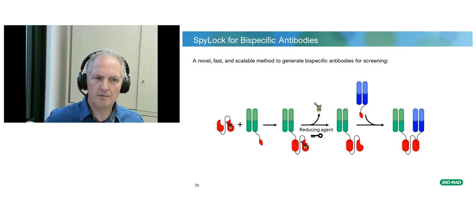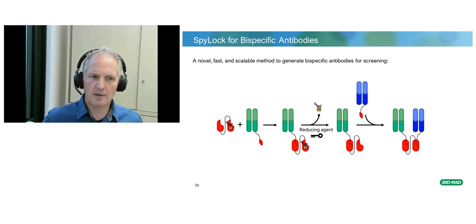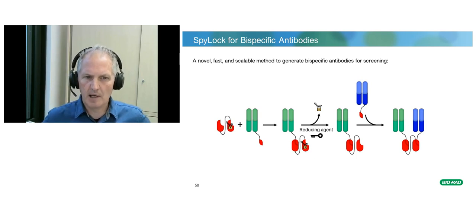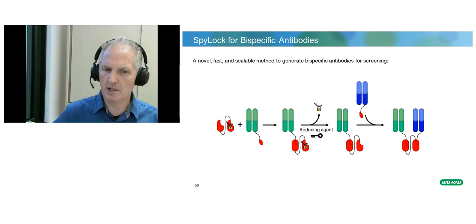We generated a fusion protein of the normal SpyCatcher and our SpyLog. If we then add a first antibody, it can react only with a standard wild-type SpyCatcher. We can then add reducing agent to unlock the SpyLog, add the second antibody, and it then couples to the SpyLog, and we get our bispecific antibody.